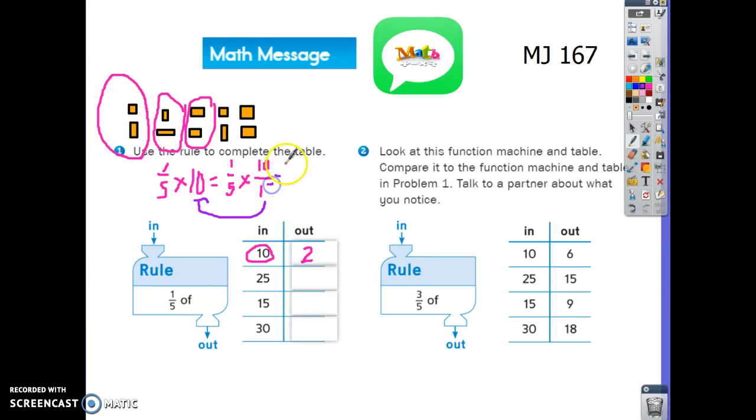Then it is 1 times 10 over 5 times 1. 1 times 10 is 10, and 5 times 1 is 5. What is 10 divided by 5? Again, 2. So you can multiply straight across and get your answers that way.